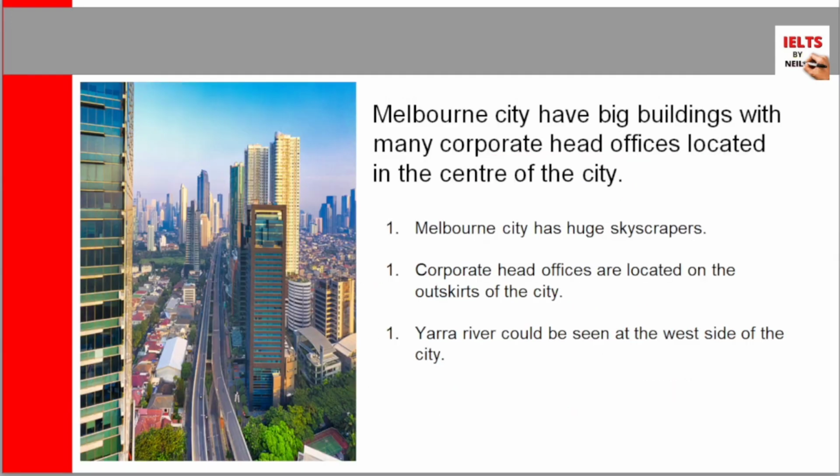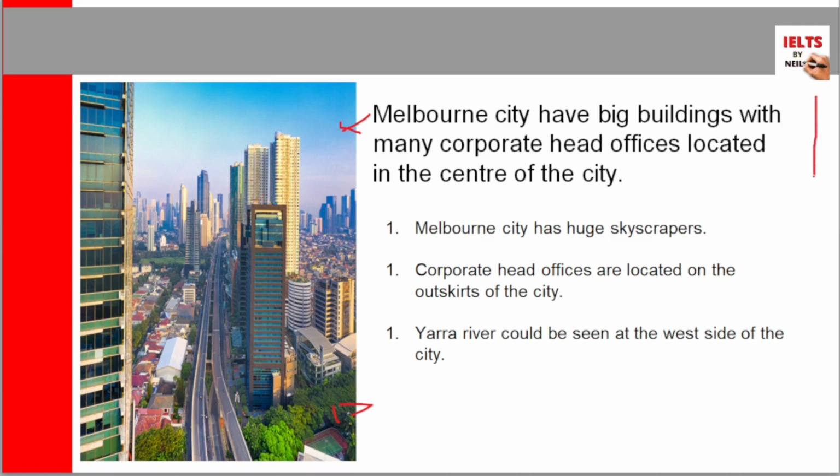This is the example I've created to make these types of questions very clear to you. This is a view of a beautiful city here. I'm just going to assume that this is Melbourne city, although it is not. So Melbourne city has big buildings with many corporate head offices located in the center of the city.